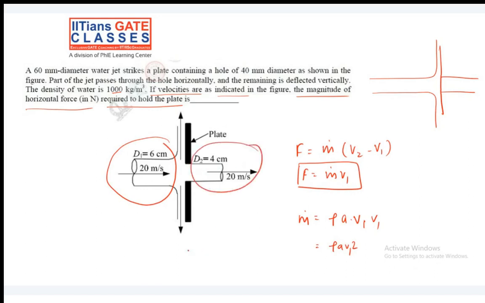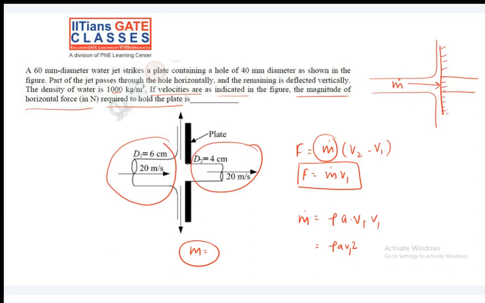So we will have to find out the mass flow rate which is striking it. Why? Because this was the mass flow rate which was entirely attacking this plate if there was no hole. But since there is a hole, this much mass will get passed through this hole.